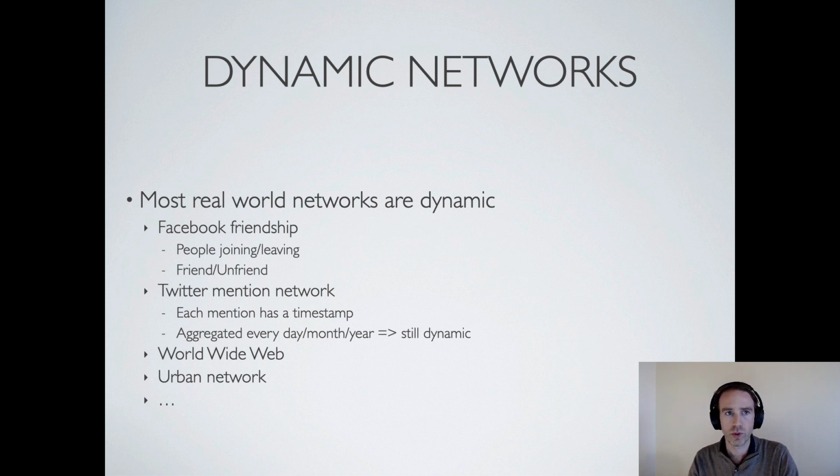If you want to use this network, for instance, to compute shortest paths between locations to help users move around in the city, then you need to consider that sometimes some of these connections are closed or open. So you see that many networks can be seen as evolving networks and can be studied as such.